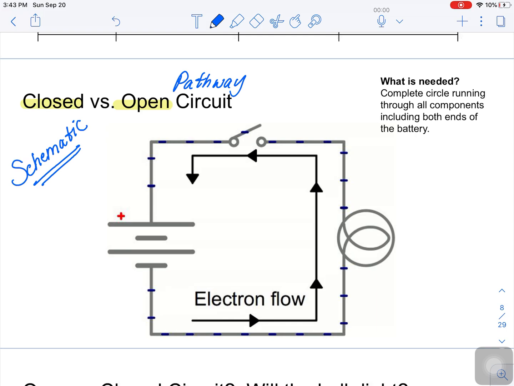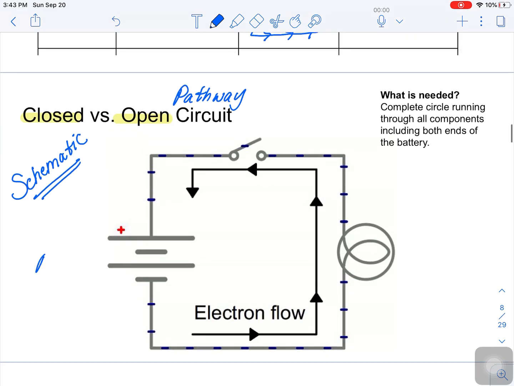It's where I draw a circuit or a pathway for electricity, but I draw it kind of simply, and I draw it with certain symbols like this over here. This is how I draw batteries. This is actually a picture of two batteries because I do a long line and a short line for a battery. This over here is how I draw a bulb. This over here is how I draw a switch.